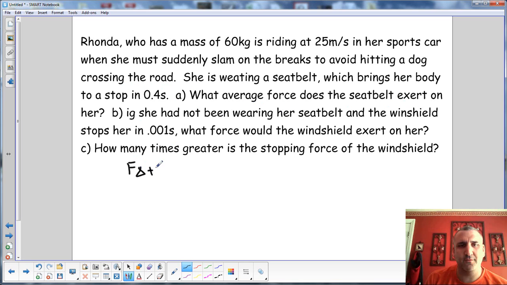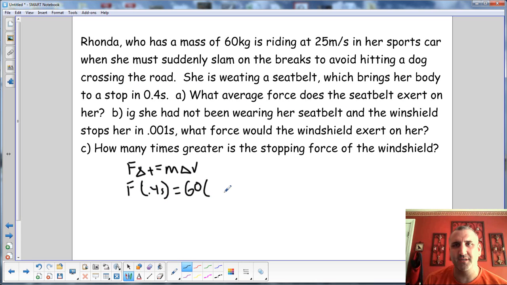Times the mass, her mass is 60 kg, times the change in velocity, final minus initial, negative 25 meters per second. So 60 times negative 25 gives us negative 1500, and then we would divide both sides by 0.4.